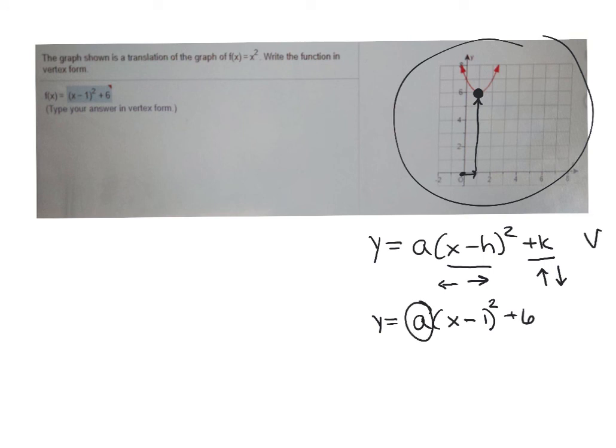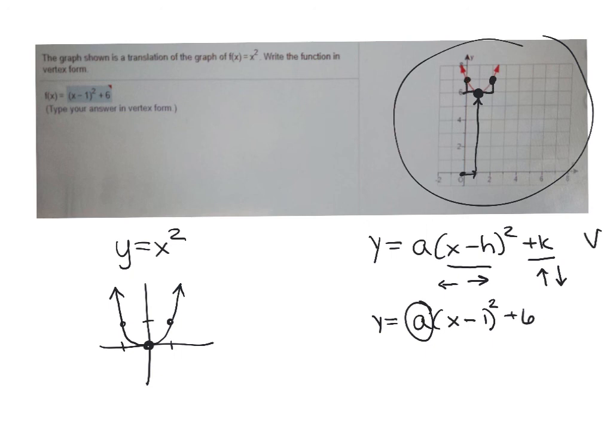The other thing you'd want to look for is if there was any stretching or shrinking. So remember, in a normal parent, which is just your typical y equals x squared, you have a dot at 0, 0, and then your next dots are at 1, 1 and negative 1, 1. So look and see if they have that same pattern up here. Is it over 1, up 1?